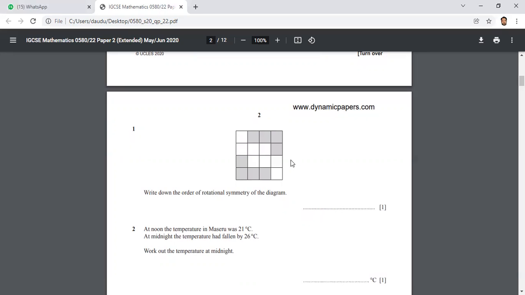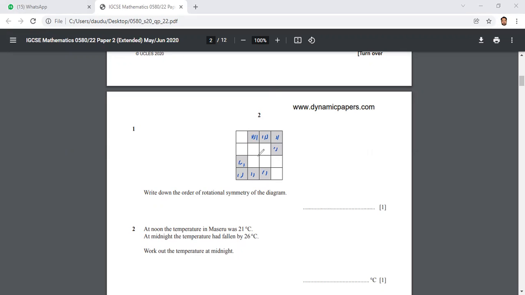But here, because of this color, if we check this one here, it's kind of blue. Yes, this one, this one, this one. Because of this colored box, when you rotate after 90, you will not get the same shape.